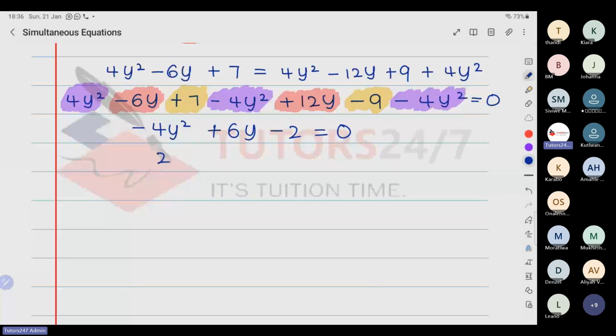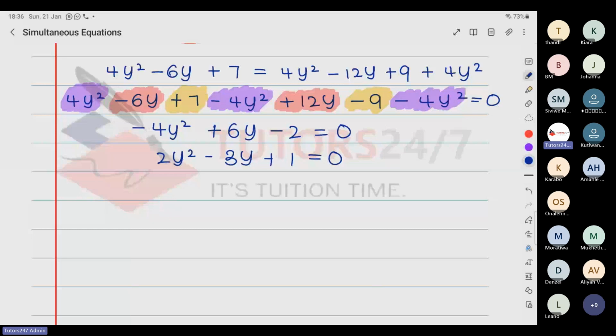That'll leave me with 2y squared minus 3y plus 1 equals 0. So all we did was we divided both sides by -2. An alternative approach is to factor out -2, then divide both sides by -2. So that is one of the approaches that you can take.